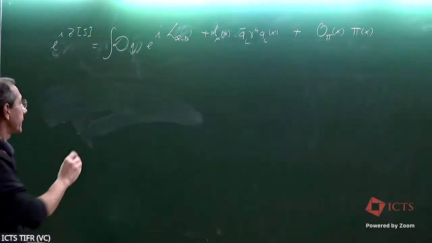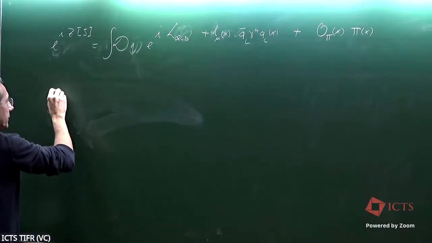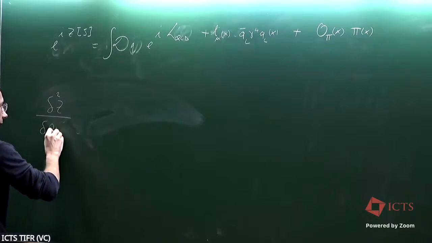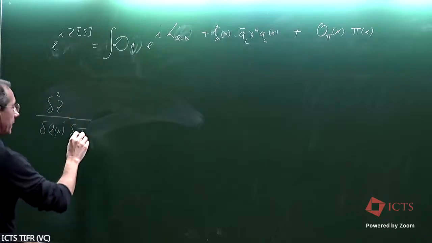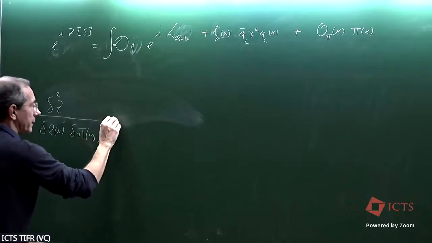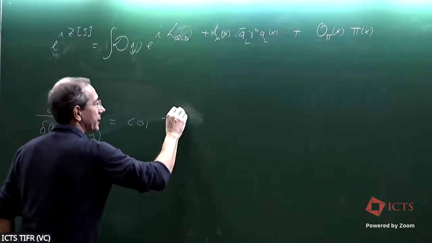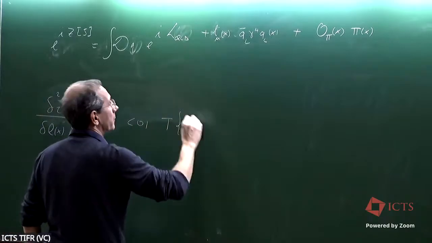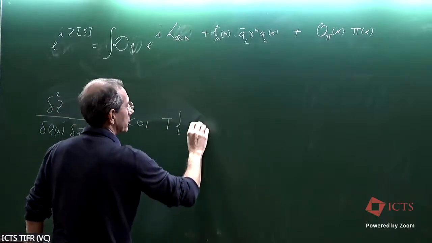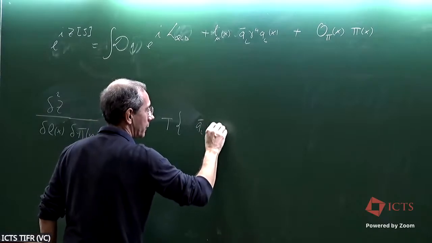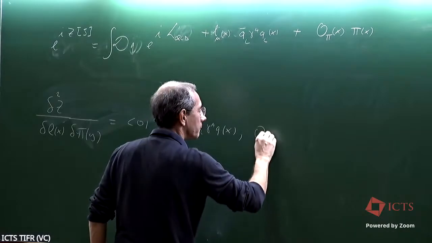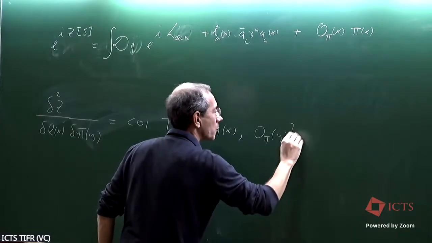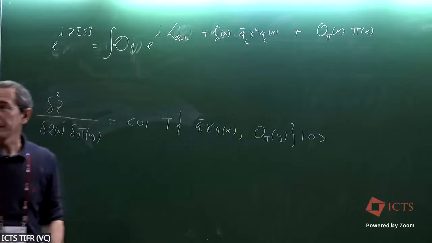Then what I do is the second derivative with respect both to the current I'm interested in and to this pion field in a different position. And now this will give me the time-ordered product of my Q bar at point X and that is the thing, okay?